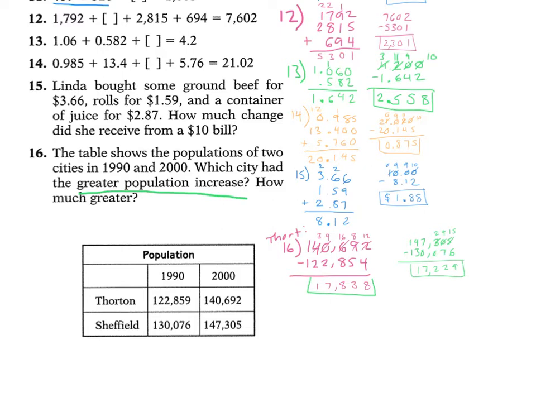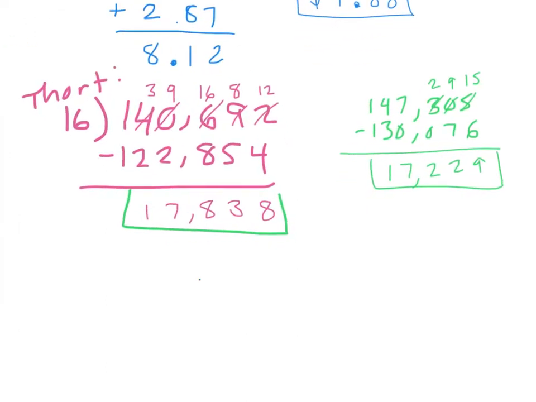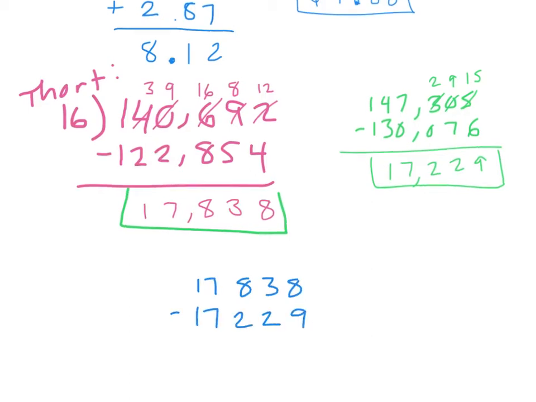So the greater population increase would be Thornton. Now we need to see how much greater. So we would subtract our two population increases to find out how much greater the increase is. So we have 17,838 minus 17,229.